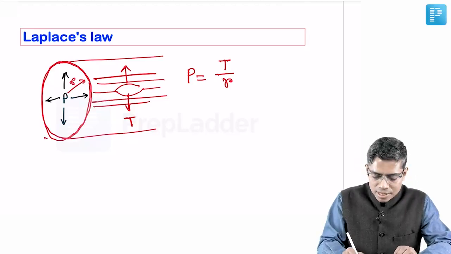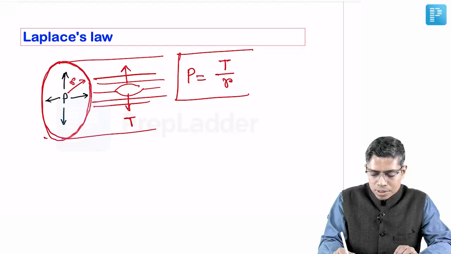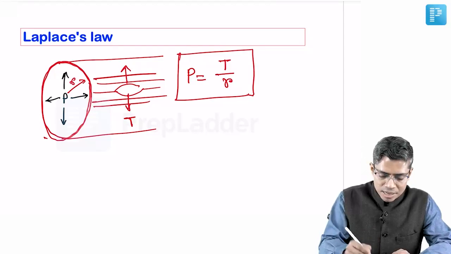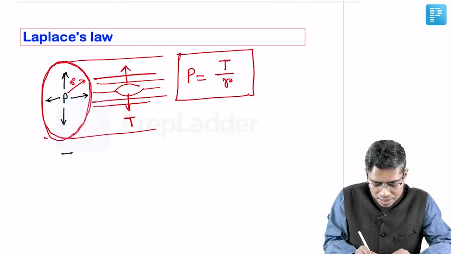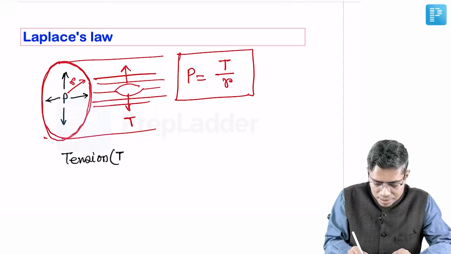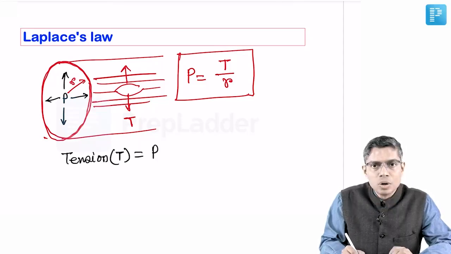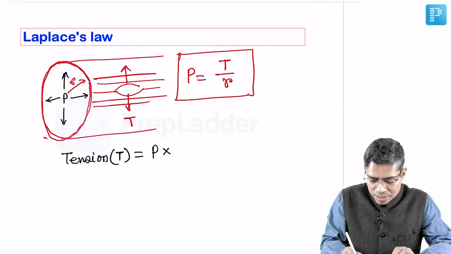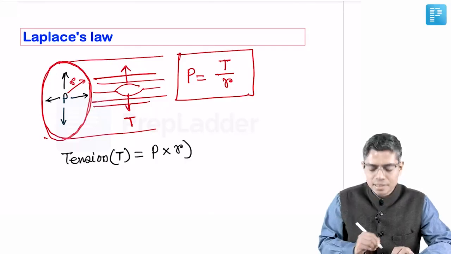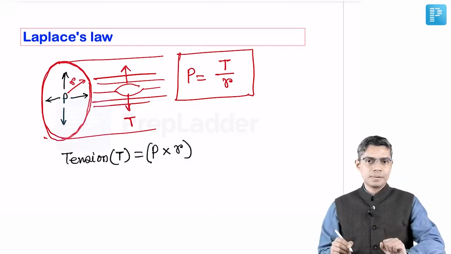That means I can calculate the tension on this vessel wall, T, as the luminal pressure P multiplied by the radius of that vessel, and this is nothing but Laplace law.